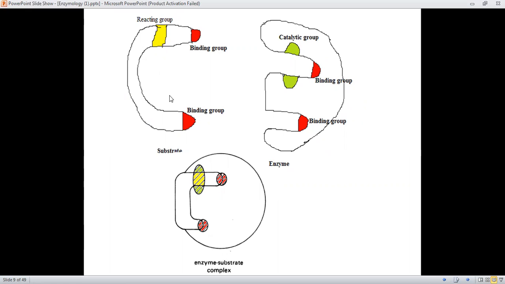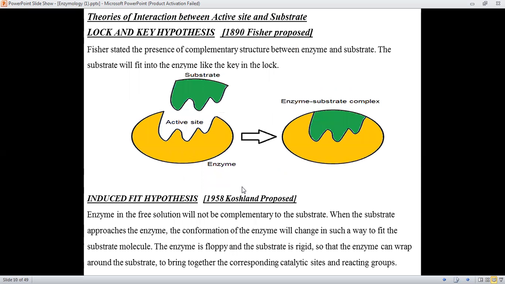And the reacting group present in the substrate has to interact with the catalytic group existing in the enzyme. So these three points of interaction will make the effective enzyme substrate complex. And this effective enzyme substrate complex can go ahead with the formation of product and the enzyme. So these three interactions are very important for the further theories, which also stated the mechanism of enzyme catalysis.